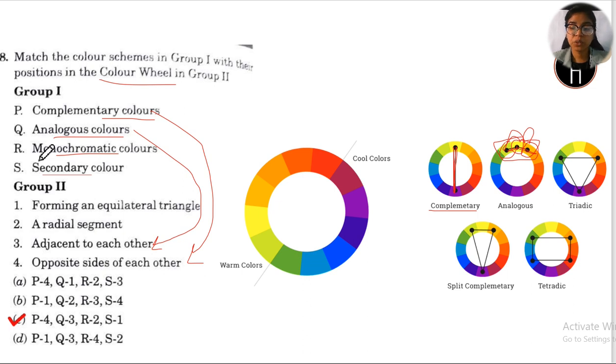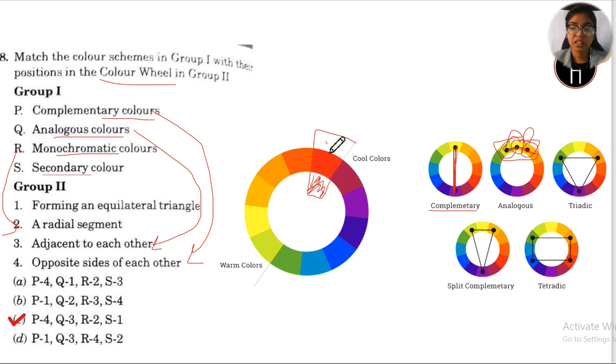Fourth we have monochromatic. For monochromatic, the correct answer is radial segment. Suppose here we have red, and here we have a tint of red.